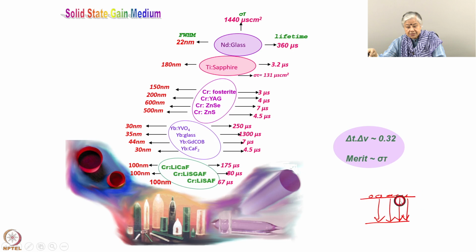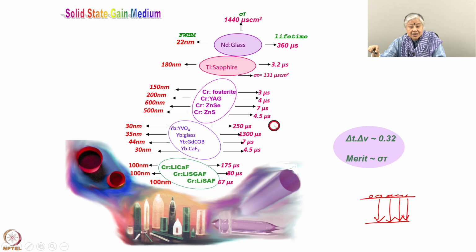It seems reasonable, isn't it? You want to know the probability of stimulated emission, which is given by this cross section, and you would like to know how long those molecules which are pumped up remain there. Okay, so that is given by tau.